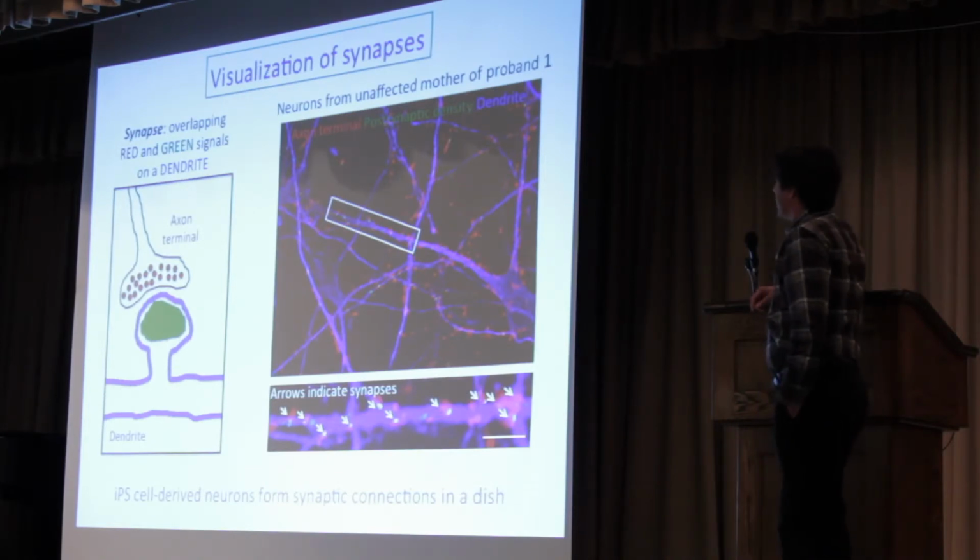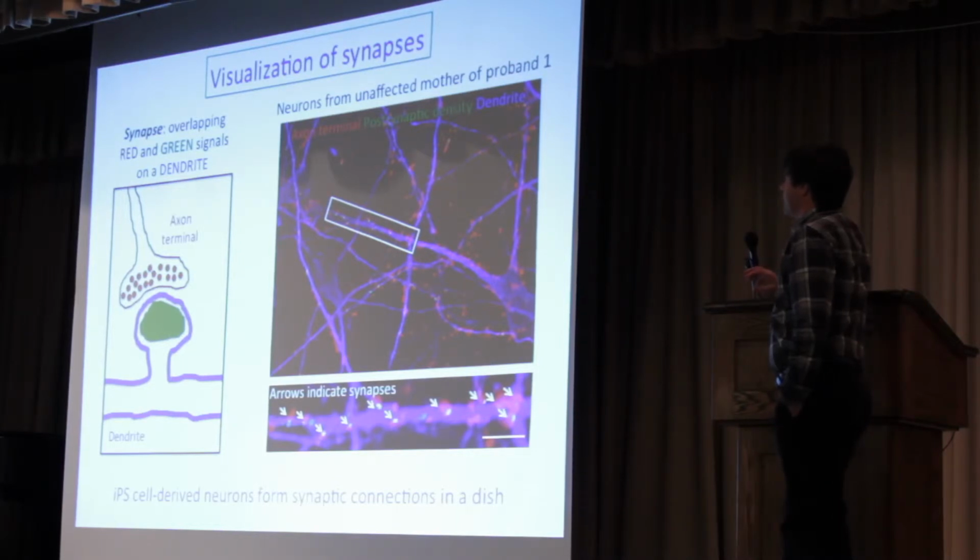So how can you visualize synapses? What's shown on the left is that you can label proteins that are involved on either side of the synapse, proteins involved in the release of the neurotransmitters and on the receptor part.